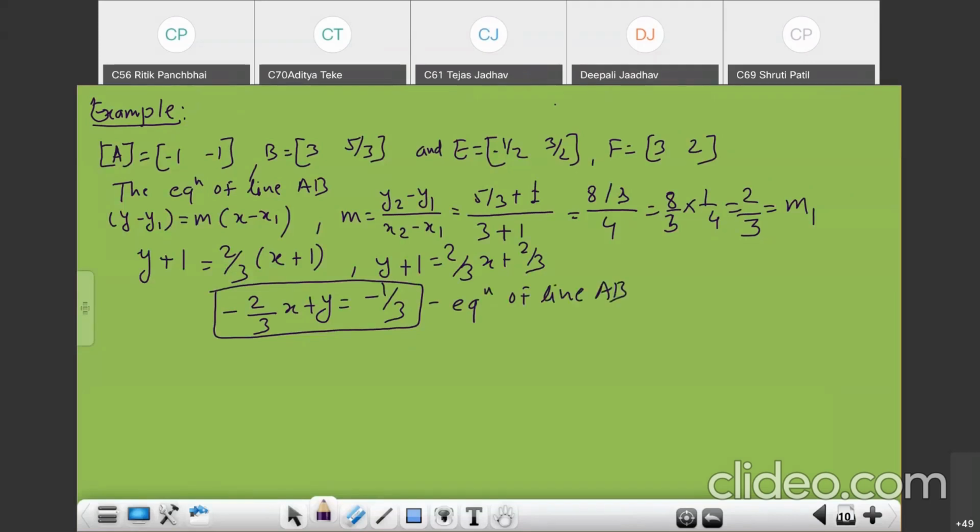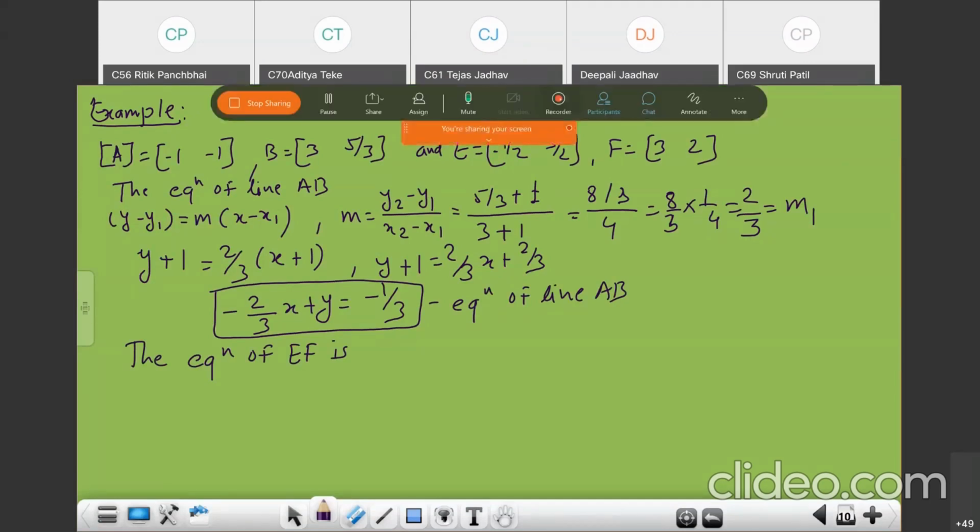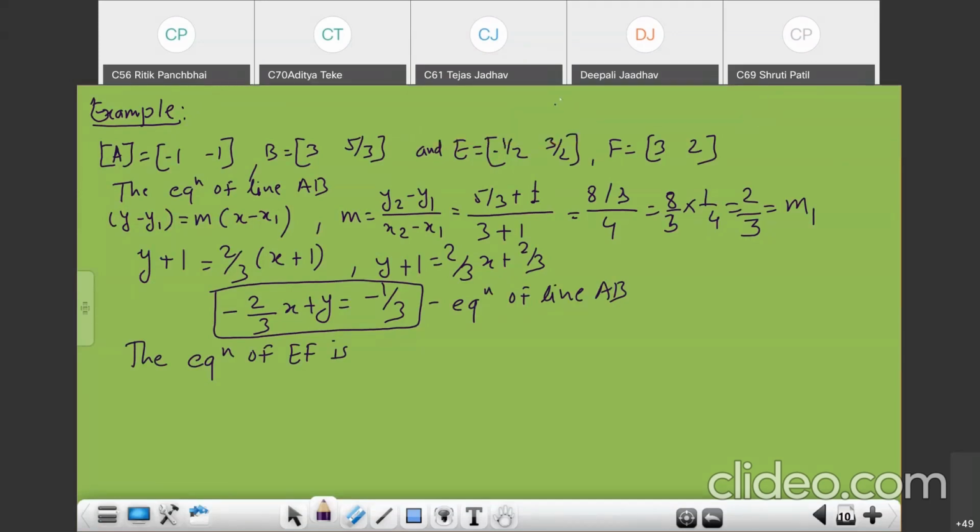Now, next we calculate the equation of EF. Again we use the same method, y minus y1 equals m into x minus x1.